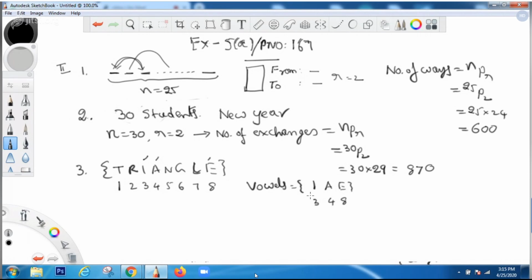Here n is equal to 3 and r is equal to 3. The number of arrangements is nPr, that is 3P3. Always remember this permutation formula nPr. So vowels can be arranged in 3P3 ways. Next we consider the consonants.